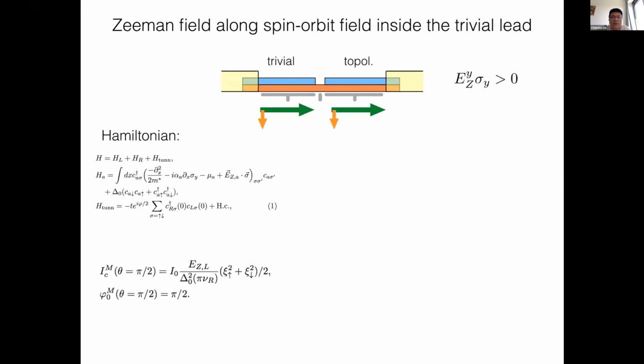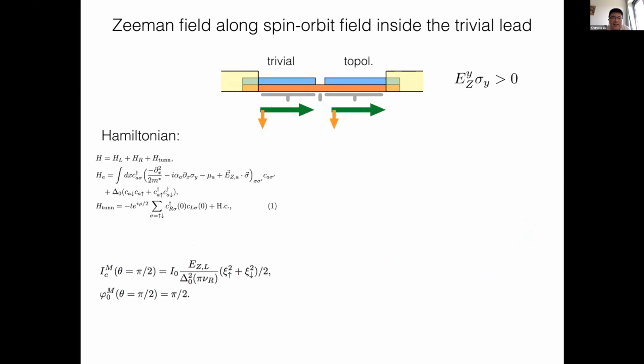Next we consider the scenario where, instead of the Zeeman field being applied parallel to the nanowire, we assume there's a finite Zeeman field also parallel to the spin-orbit field.